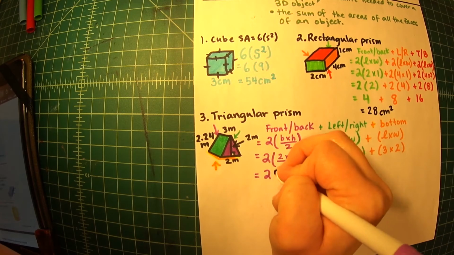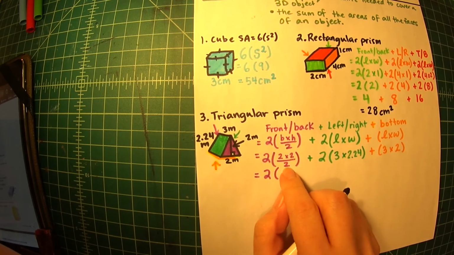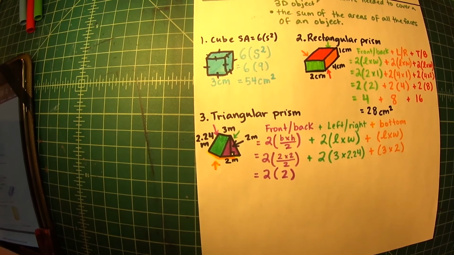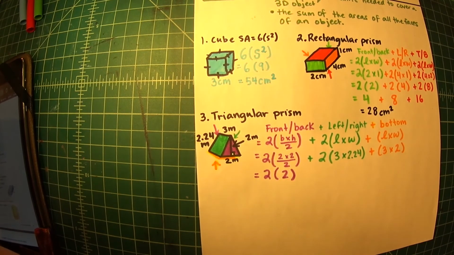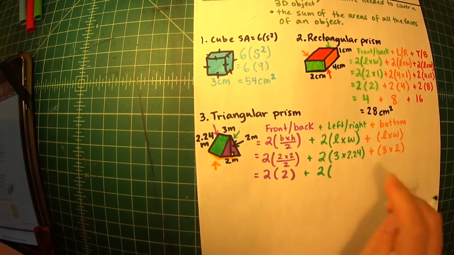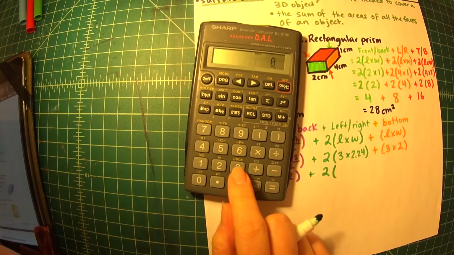Okay, so now we can get into actually solving these. So 2 times 2 is 4. 4 divided by 2 is 2. So that would be the area of one of my triangular faces. Next one, just going to pull out my calculator for this decimal.